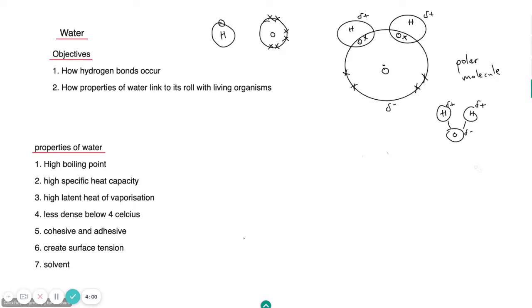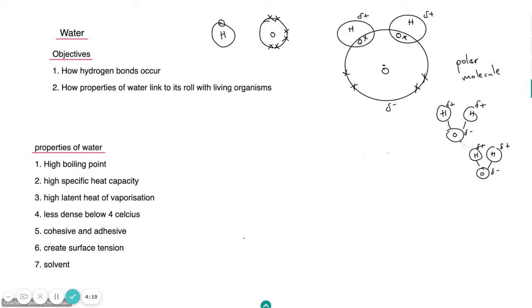So because of that, if another water molecule is in close proximity, then it's going to interact with it, because opposites attract. So this slightly positive hydrogen, there's a positive, there's our negative.